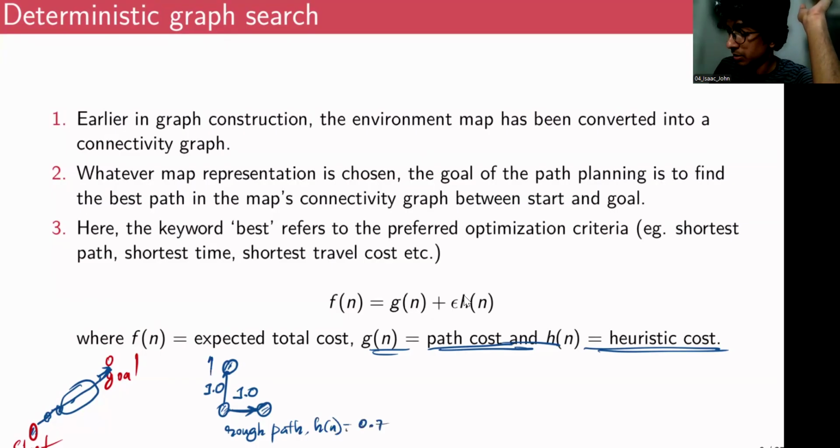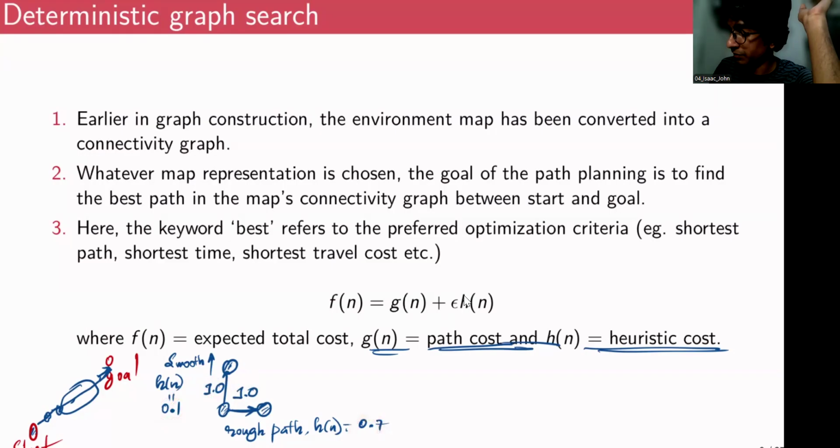But if this path is smooth, I could maybe assign the heuristic cost h of n to be very low, 0.1, right? So even though the energy that you spend to move from this position to this position, or this position to this position, is the same, 1 unit and 1 unit, the heuristic cost is actually different.